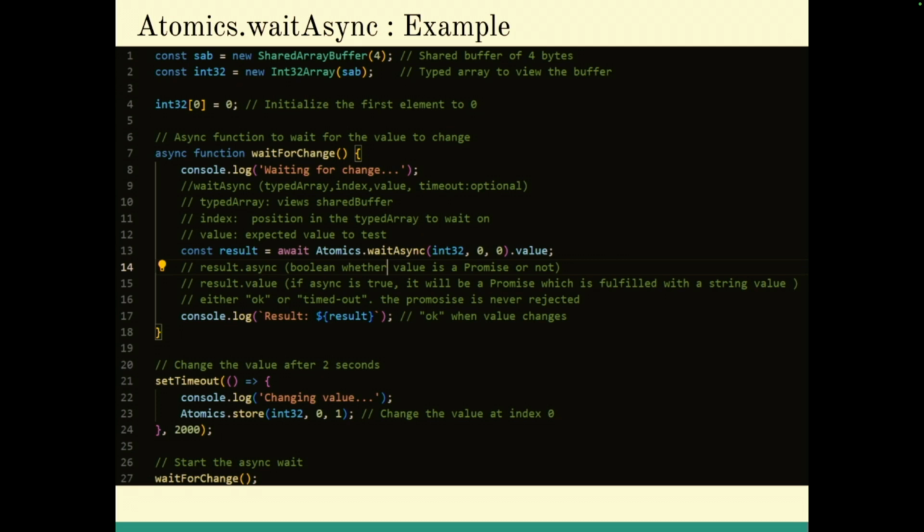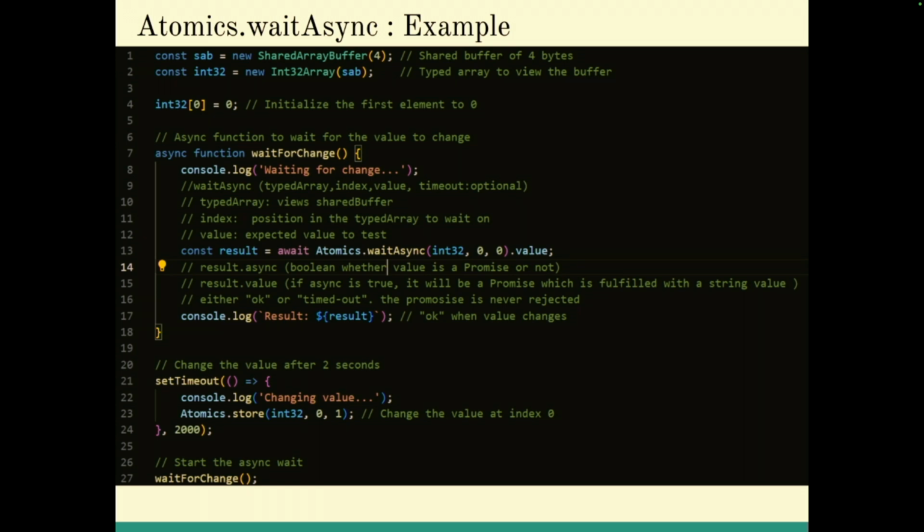Then if we look at how this API works, how waitAsync works, if we go to the function waitForChange on line 7, we can look at that. waitAsync takes a typed array, an index, a value, and then the timeout is optional, right? If it's waiting for so long, you might want to give it a reason to time out after a certain amount of time, especially if you're not sure how long those processes will take, or that worker maybe your team didn't write.